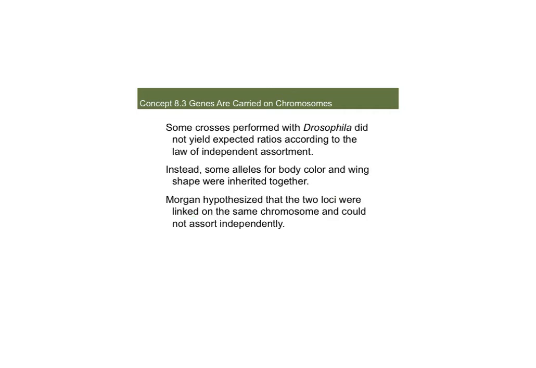Now, he discovered this when he was doing crosses with the Drosophila and did not get the expected ratios according to the law of independent assortment. Instead, he noticed that some alleles for body color and wing shape were being inherited together. They weren't being shuffled like you would expect. His hypothesis was that the two loci were linked on the same chromosome and could not assort independently.